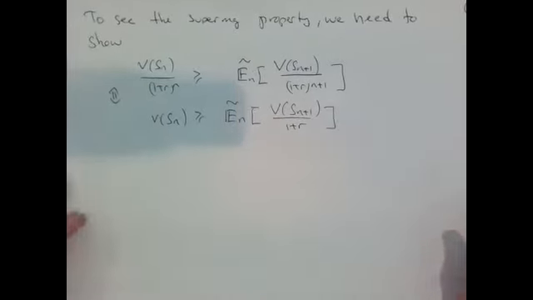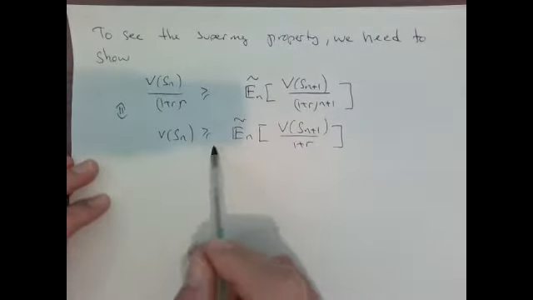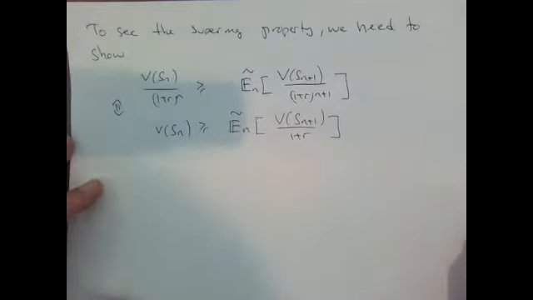We good so far? So this is what I have to show. To see the super martingale property, we need to show this inequality. How will I do that?